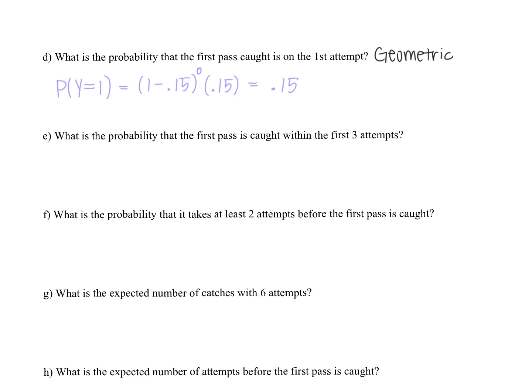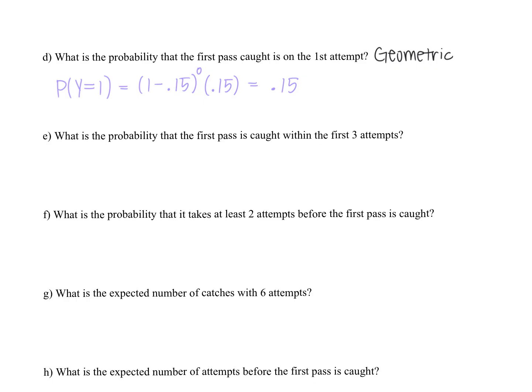But if this had said the probability that the first pass caught is on the 4th attempt, then that would have meant that my first parenthesis would have been 1 minus 0.15 to the 3rd, because he's had 3 failures, and then times the 0.15. So it's always your number of failures first, and then your success.